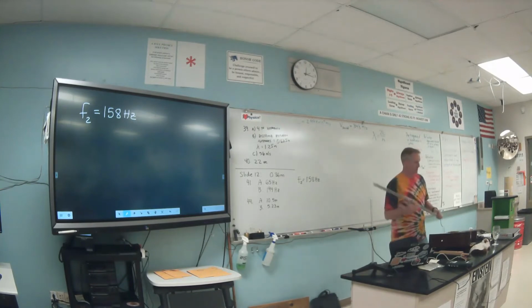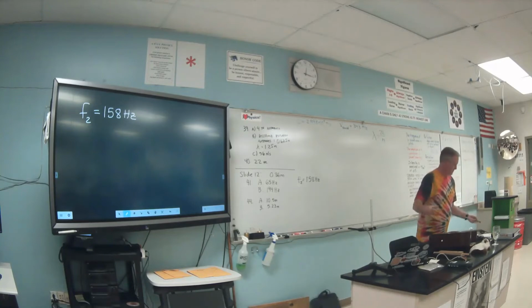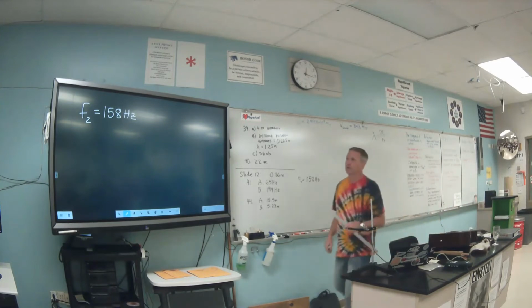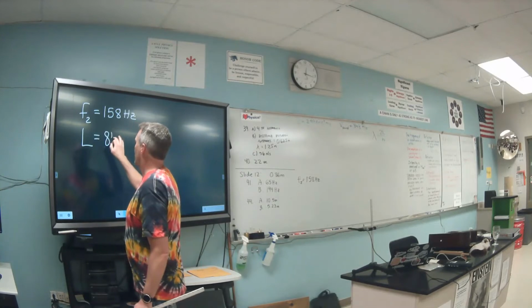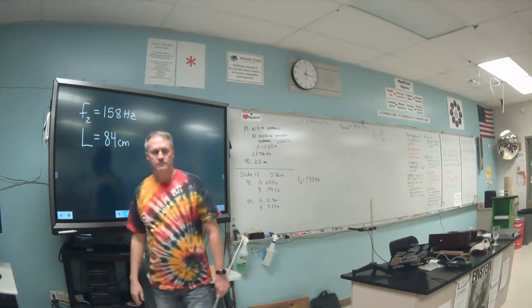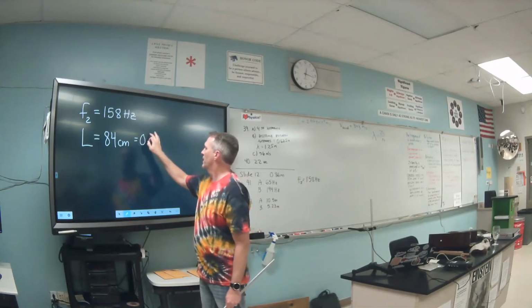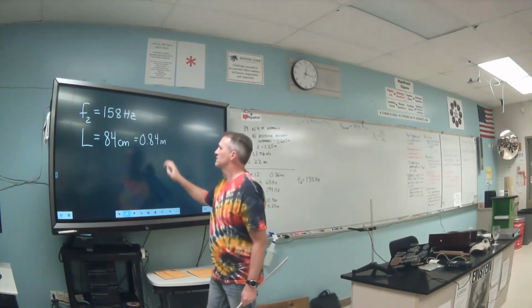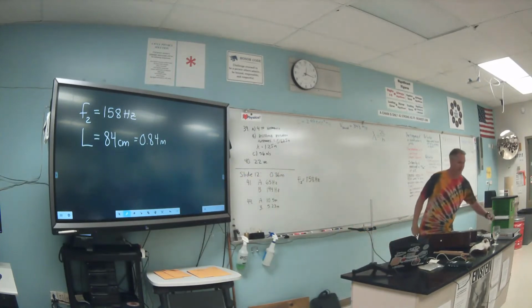If I go from the top bar to the bottom bar and measure the length, that string's like 84 centimeters long. So I'm going to write down that capital L is 84 centimeters. That's the length of the string. Of course, we probably should convert that to meters real quick. 0.84 meters.